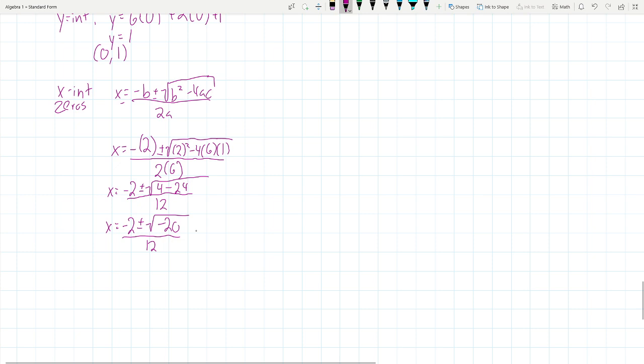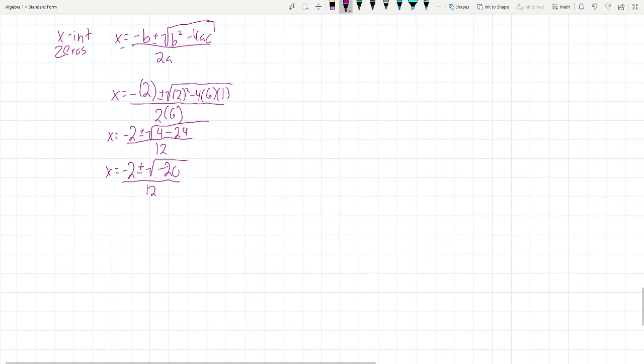Now, we didn't really talk about it in the last lesson, at least not on the online version. We mentioned it, but we can't do the square root of a negative number. It's not real, and that's kind of the big thing right there, this idea of a real number.